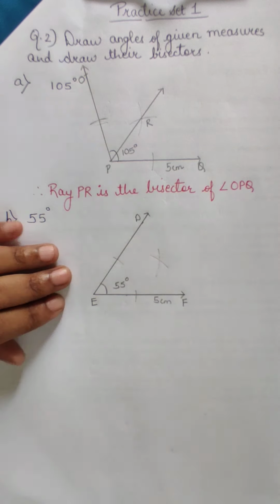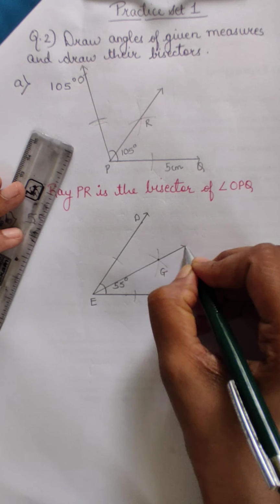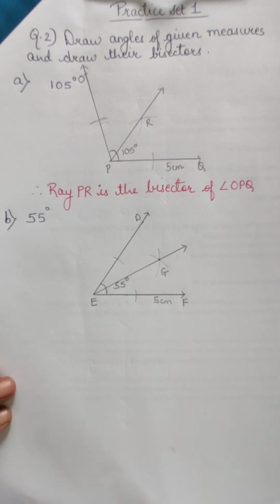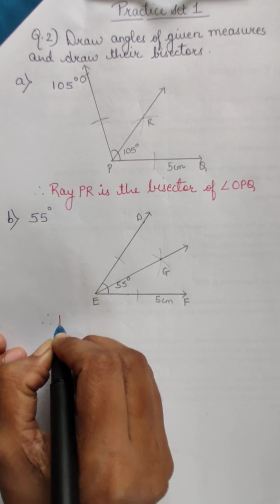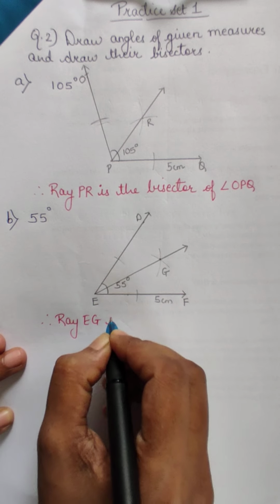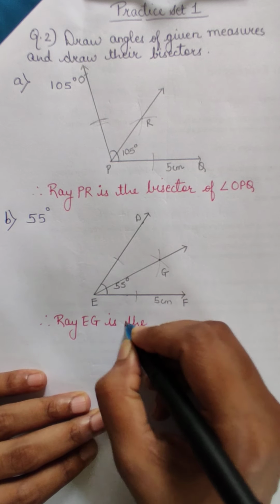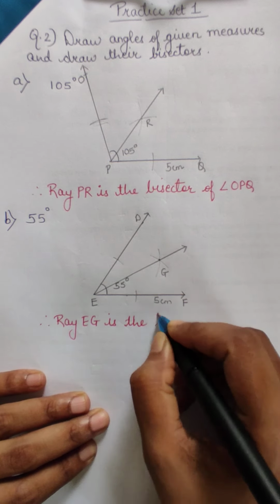Name this as G. Then join E and G by drawing a line or a ray. So therefore we say that ray EG is the bisector of angle DEF.